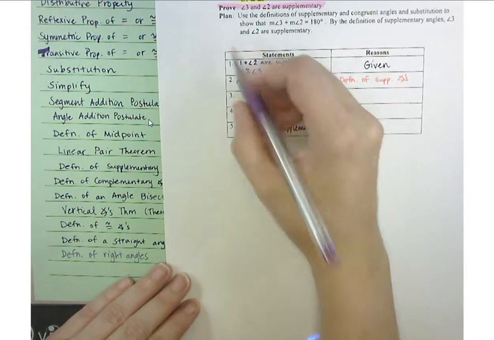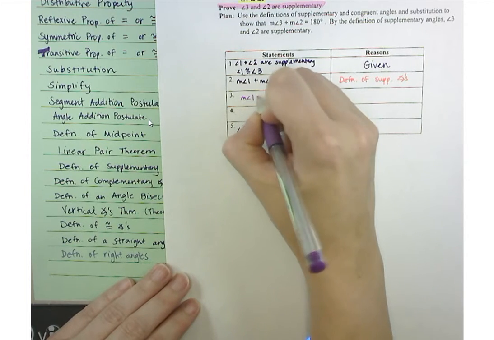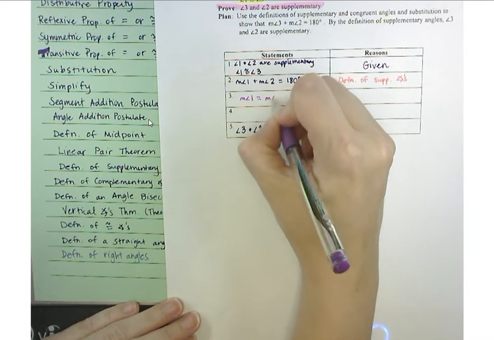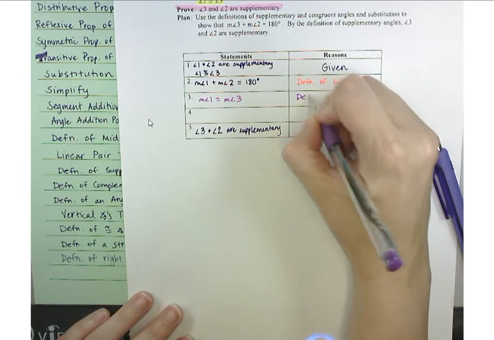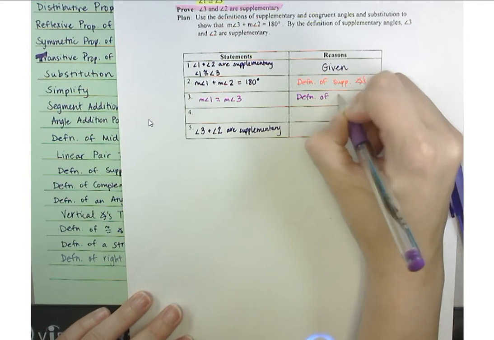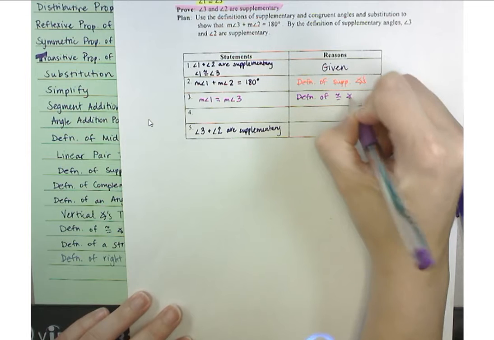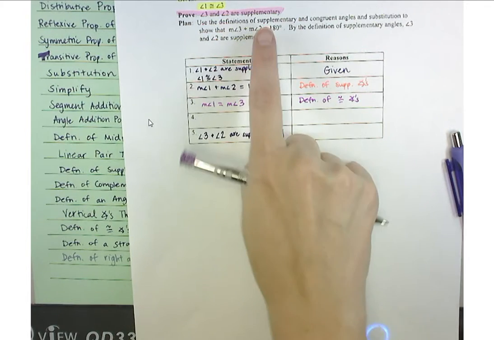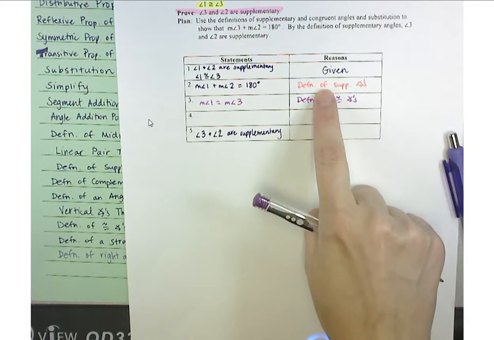The measure of angle 1 is going to be equal to what? The measure of angle 3. And that is by the definition of congruent angles. See how these are our reasons? We have the definition of supplementary angles.